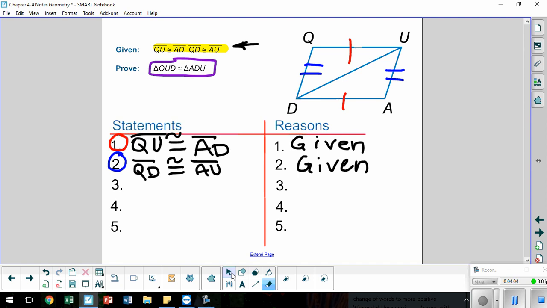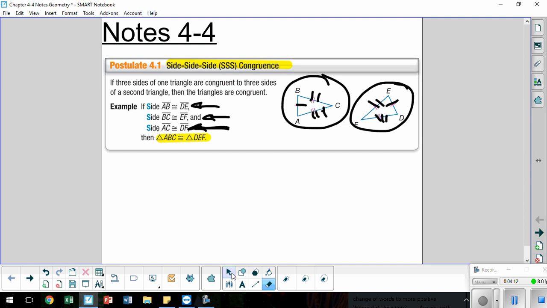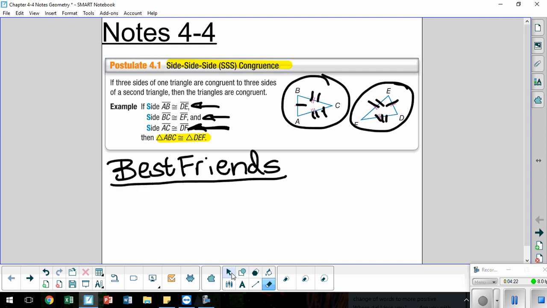So this is where you get your reasons. Now, I know we haven't talked about this in a while, but let's go back to this page here. Your best friends. So the first one is going to be definition, vocabulary. Remember that?